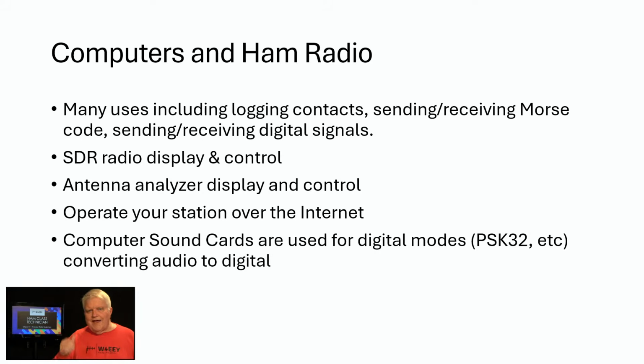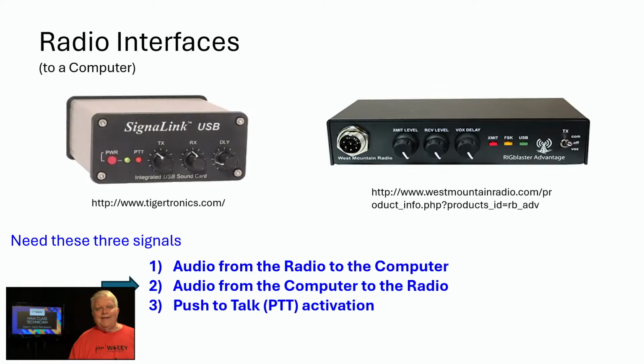So you could use the sound card built into the computer, which would provide an input and an output to the computer. The only problem is it didn't provide any push-to-talk control for the radio. So along came these radio interfaces, which were actually sound cards in a box, usually with a USB interface.